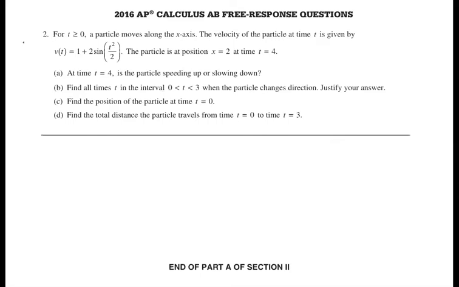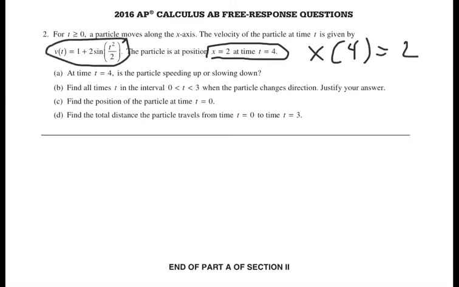Part C, find the position of the particle at time t equals 0. Well, they give me one position right here, so they're saying x of 4 equals 2. And then they give me this velocity function, and we're supposed to know the relationship of velocity to position. We are looking for when time is 0. So we are going to use the fundamental theorem of calculus.